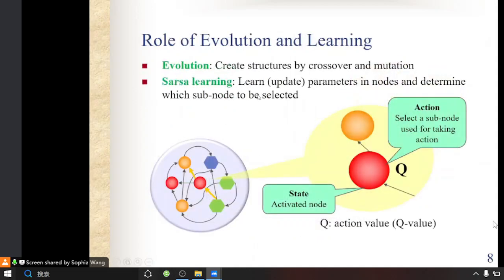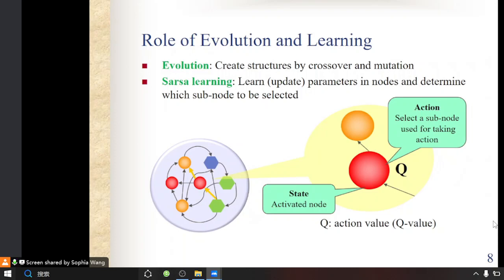And don't forget, I said that I combine reinforcement learning and GMP. I combine these two parts. And this is the role of evolution and learning. In this case, we have the parameters of state and action. The state means the current node, judgment node or processing node.